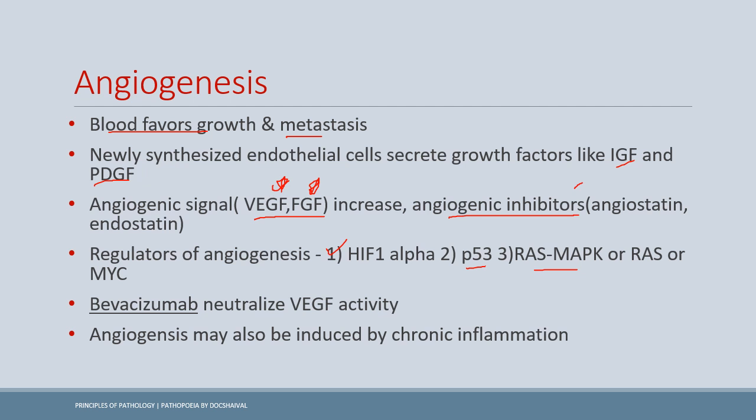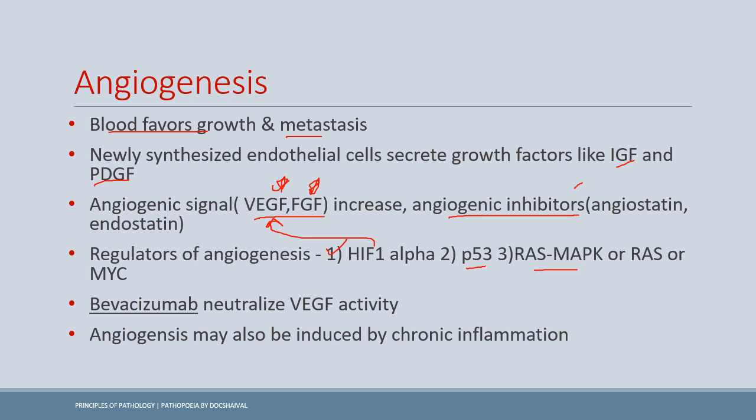Now, I have already told you about hypoxia inducible factor 1 alpha, that it is expressed more when there is less O2 tension, or in case of hypoxia. It is a transcription factor, and it causes the release of the vascular endothelial growth factor when the HIF1 alpha activity increases.